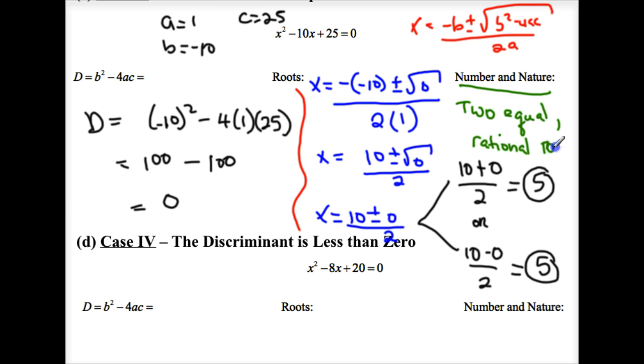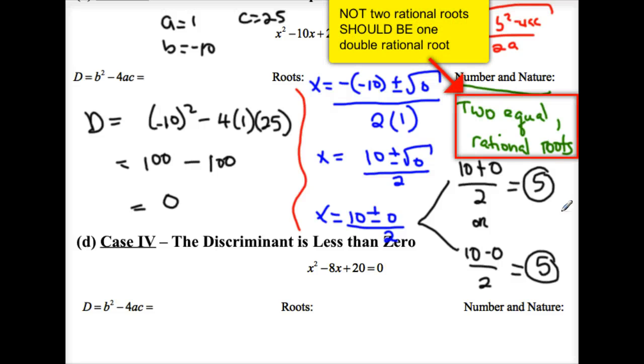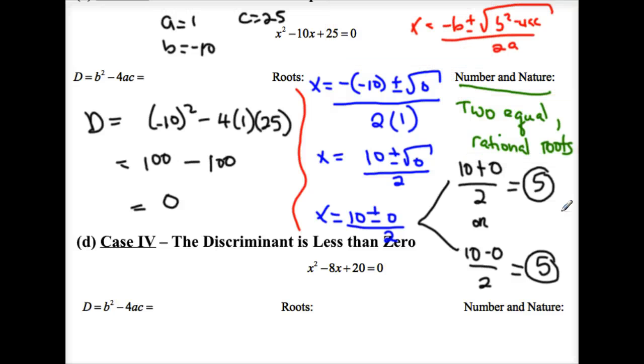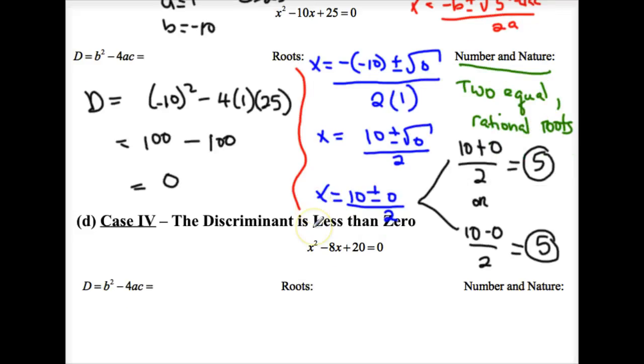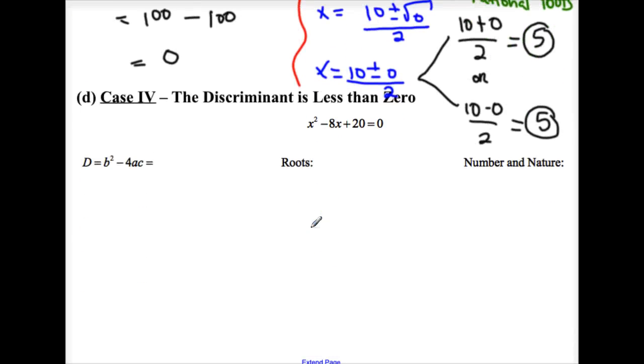They're rational roots. They're not complex, meaning nothing has an i inside, and they're 2 equal, 5 and 5. So 2 equal rational roots. The last case that we have is case 4.